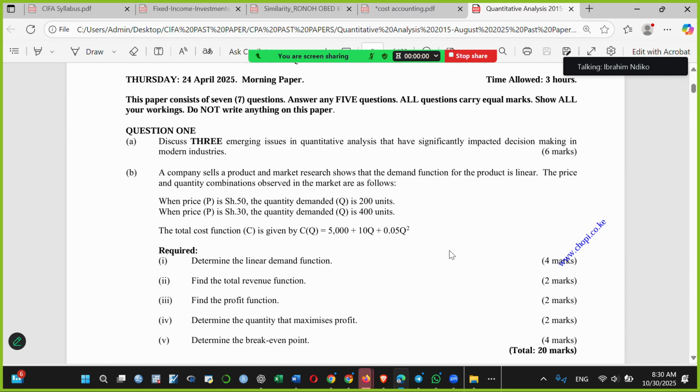So we need to analyze that question before we start. So the first thing that we need to do is to analyze the question.